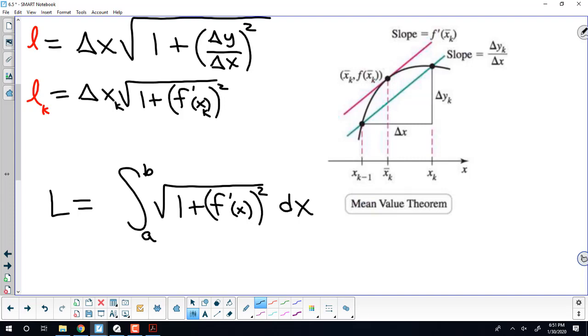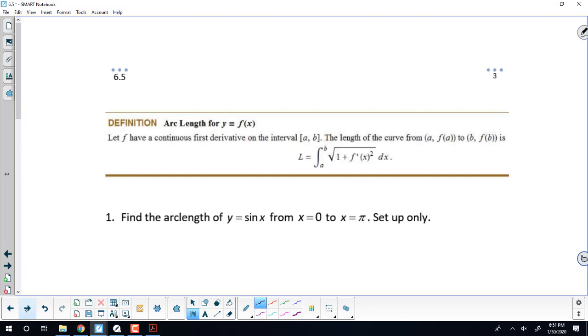It's on the next page. So f has a continuous first derivative on the closed interval. Then there's the formula for the arc length from A to B. So what we see here, the arc length and the next section, surface area, you also see a similar kind of formula.